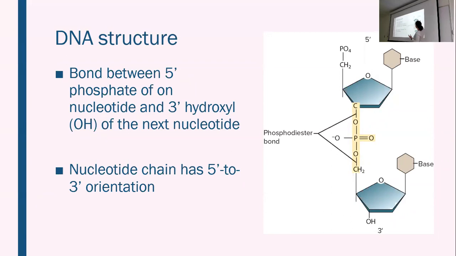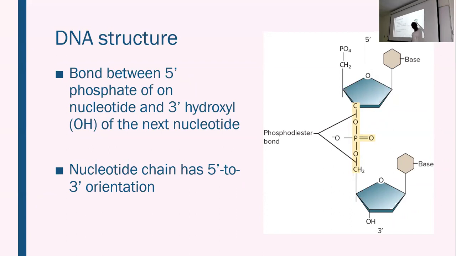To orient ourselves in these molecules, we give the carbons numbers, just to name them and give us a point of reference. So there's a carbon here, here, here, here, and here, and we number them 1, 2, 3, 4, 5. Since this is carbon 5, I'm going to call this side of the molecule the 5' end.